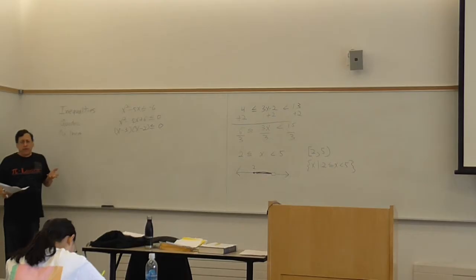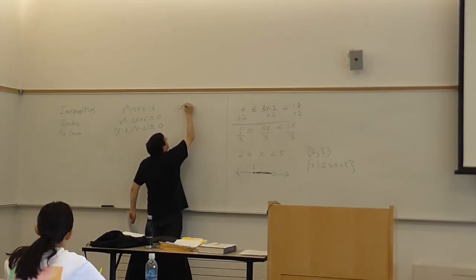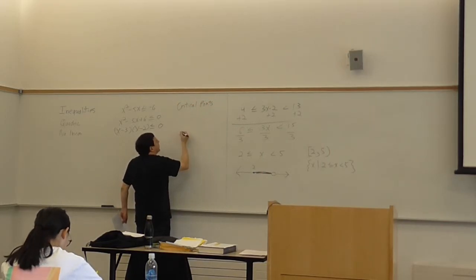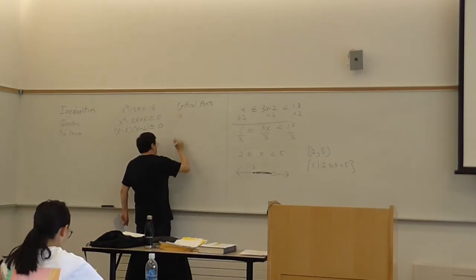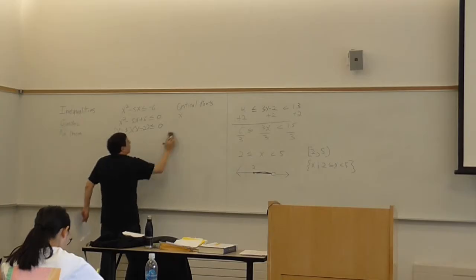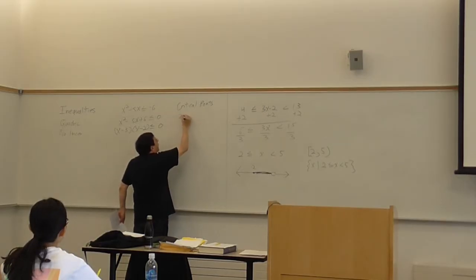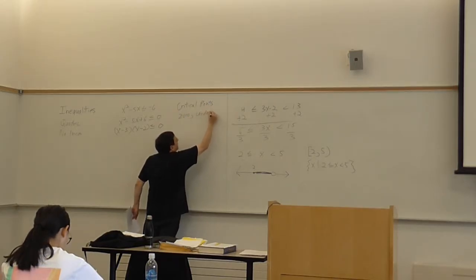So now what we want to look at is what I'm going to call critical points. Critical points are either where we get 0 or we get undefined.